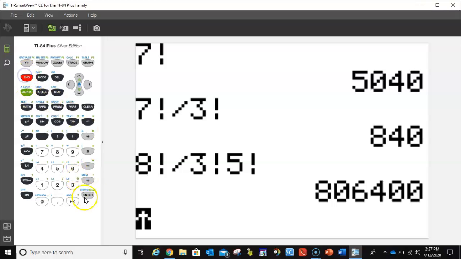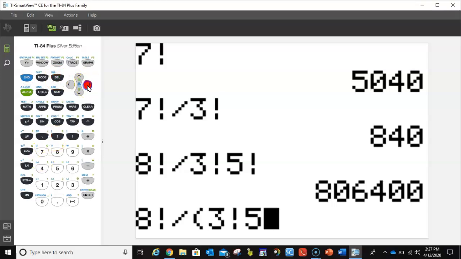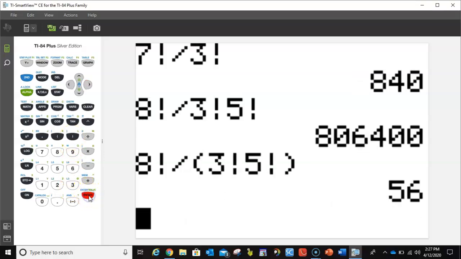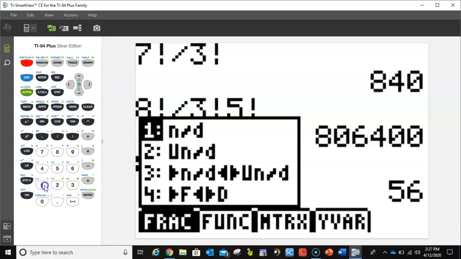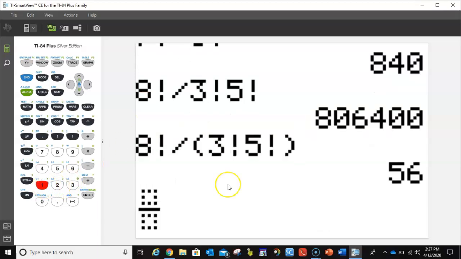So we have to group the numbers in the denominator together in parentheses so that the calculator can only follow your instructions. So there we go. You can also enter a stacked fraction too. I think it's alpha and y equals, so number 1, and then you can input it that way as well, as kind of like a stacked fraction.